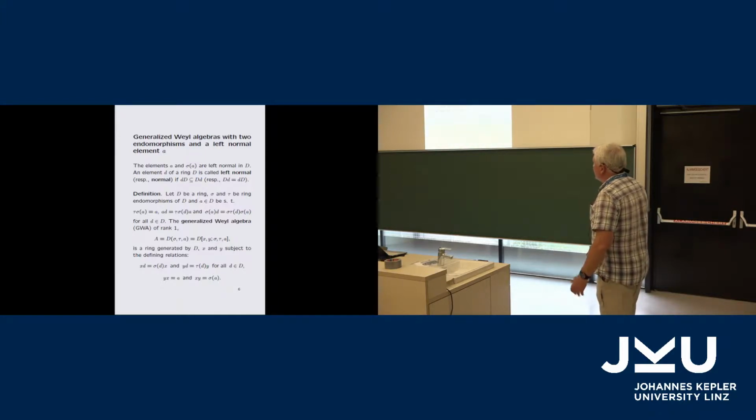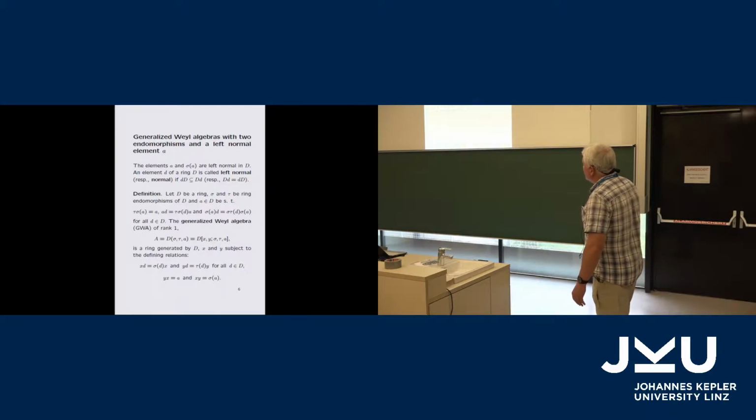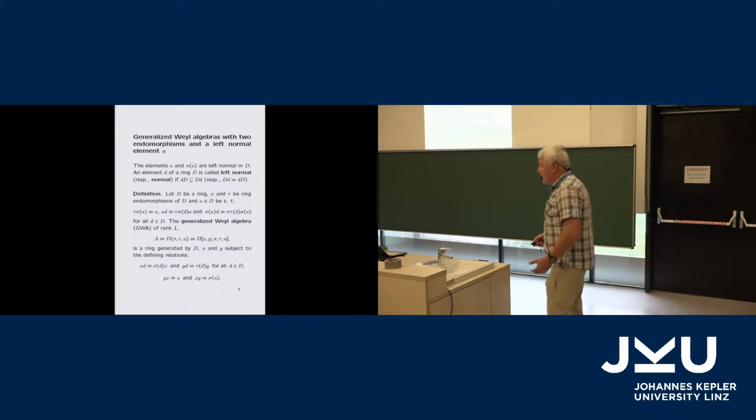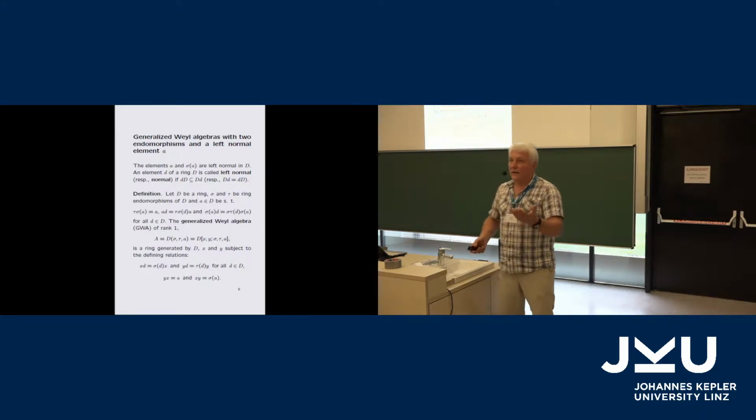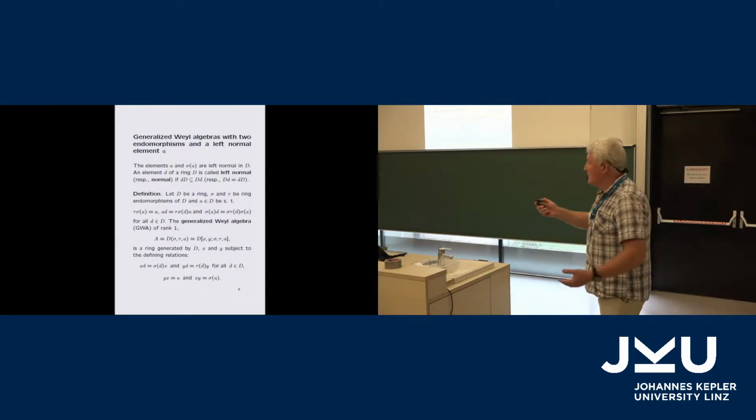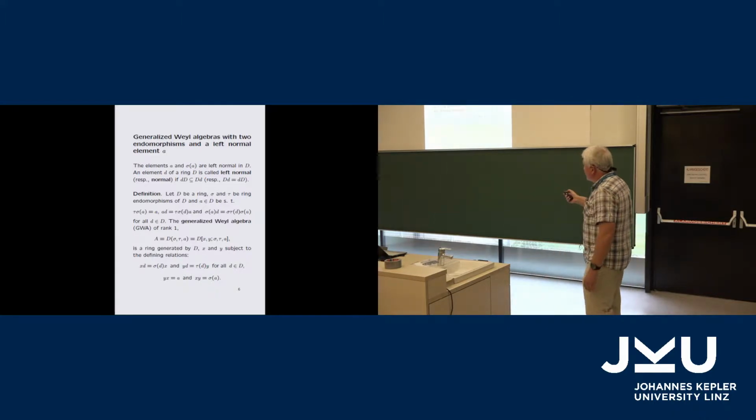It means this element is tau sigma invariant, and this element A is left normal, because when you move an arbitrary element of D to the left, it is twisted by this endomorphism, not necessarily an automorphism. And similarly, sigma A is also left normal, because when we move elements of D to the left, they are twisted by the endomorphism. So it is left normal, but not normal, because this condition doesn't hold. Suppose sigma tau is taking the value at the point 0, say, in a polynomial ring. Of course, this will be left normal, but not right normal.